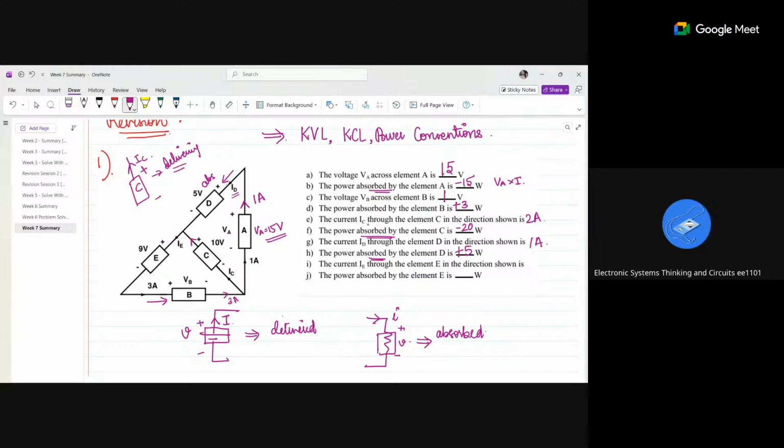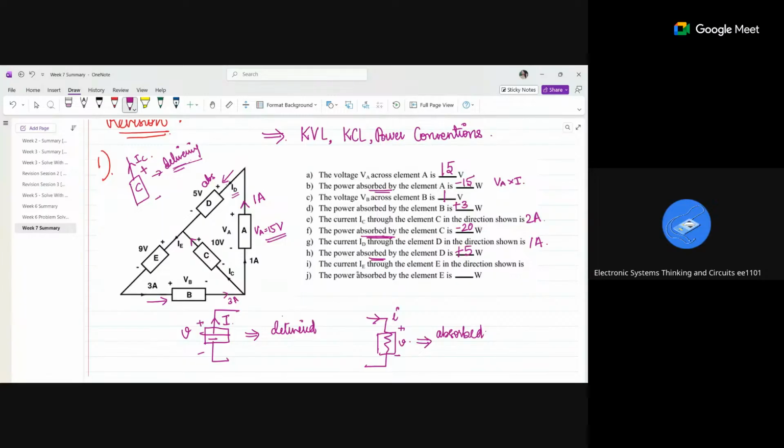But in the question, if they ask absorbed and I have written delivered, since it is opposite, I will put minus. If I put delivered and in the question also it is delivered, it is the same thing, so I will put plus. Here it is given as absorbed, which is contradicting, so I am putting negative to indicate that it is actually delivering.